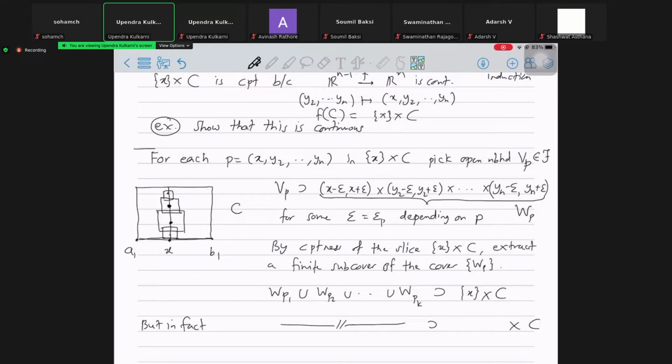Then the second box will have total width 2 epsilon. But let's look at the epsilon: the first one will have plus minus epsilon 1, the second one will have plus minus epsilon 2, and so on. But if I have only a finite number of boxes, that means that as I go vertically around the slice, if I take the union of all of these boxes, each one of these boxes will contain width equal to the minimum of all the epsilons.